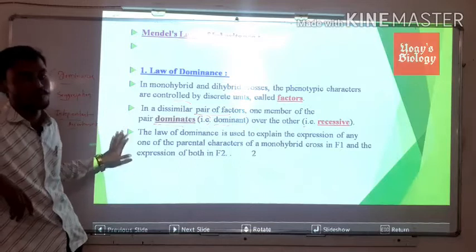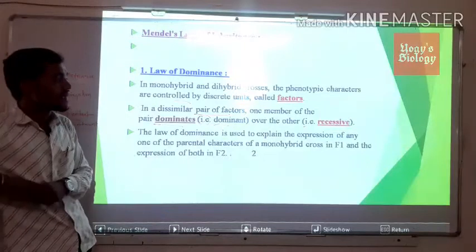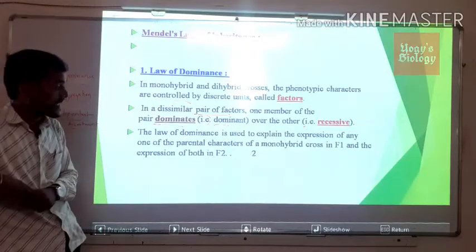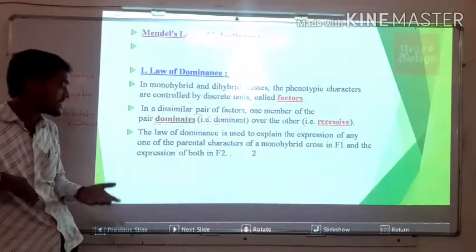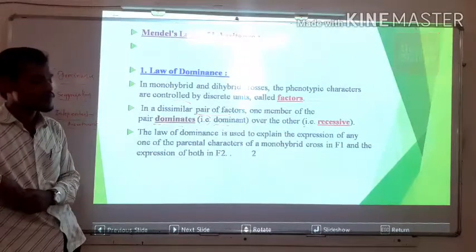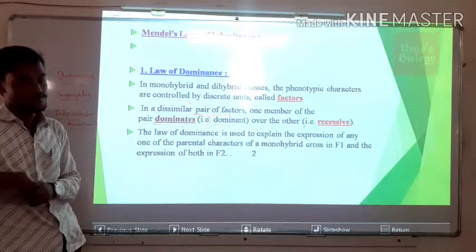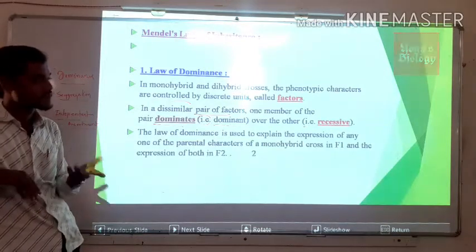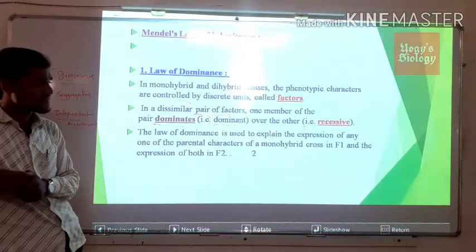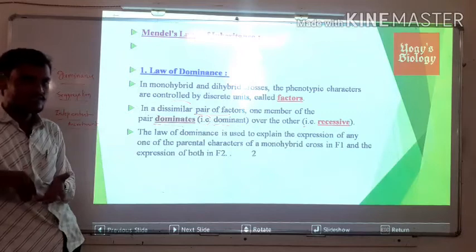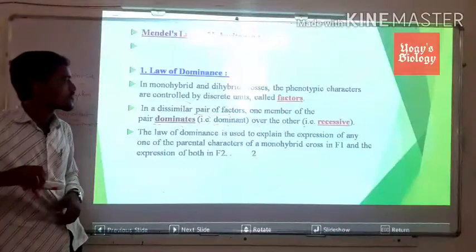It is used to explain the expression of one of the parental characters of a monohybrid cross in F1 as well as F2 generation. That is the use of the law of dominance.